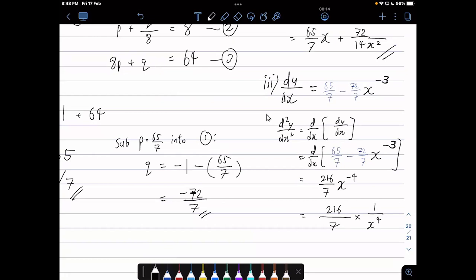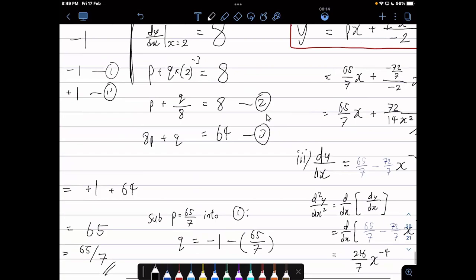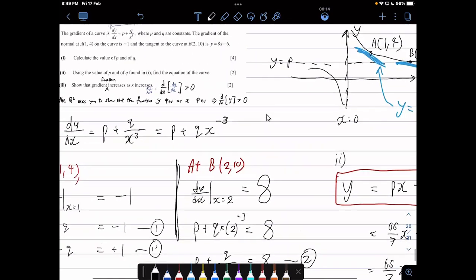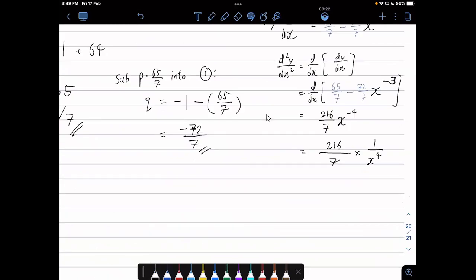So what did they ask you? Show that this gradient function increases as x increases. So in other words, you need to show that it is more than 0. Is this true? Yeah. True. Why? Because they asked to show it.